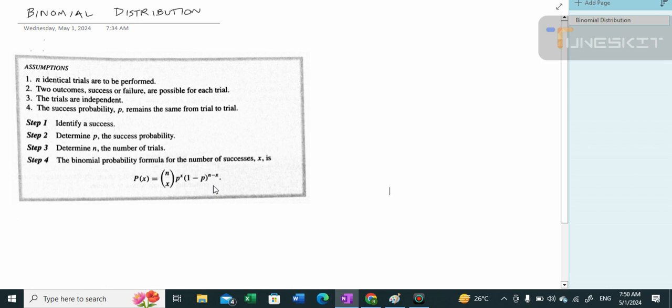Now we are going to apply and use a sample data, or an example.